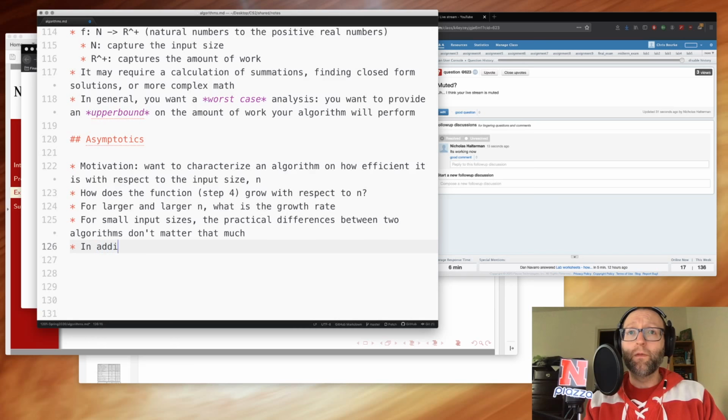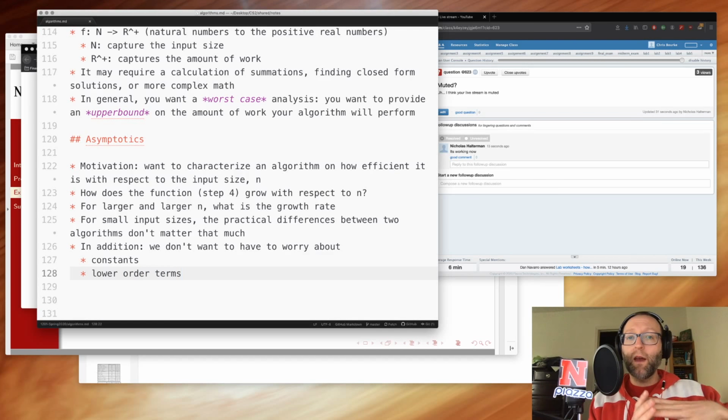So in addition, we don't want to have to worry about, as I said before, constants or lower order terms, right? Because we're looking at it as n tends towards infinity, all those lower order terms are still going to contribute some to the value of the function, but they're going to be completely eclipsed by the higher order terms.